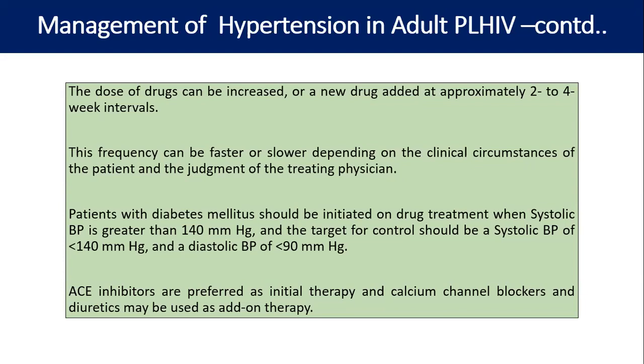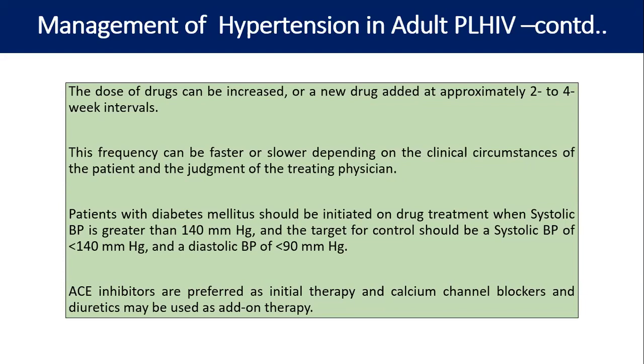Out of all those different groups of antihypertensives, ACE inhibitors are preferred as initial therapy, and calcium channel blockers and diuretics may be used as add-on therapy if we fail to achieve the therapeutic goal with an ACE inhibitor. Then we add on either beta blockers or calcium channel blockers or diuretics.